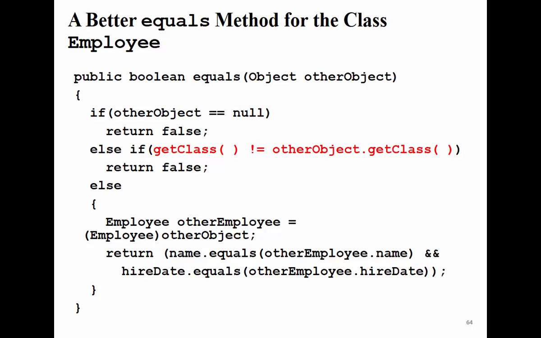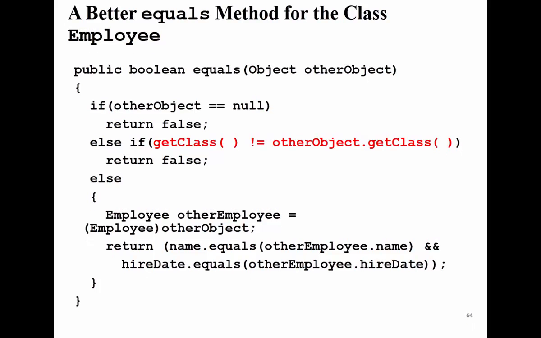I say if getClass is not equal to other.getClass, I will return false. So for E, I use Employee. For H, I use HourlyEmployee. So I will return false because these are two different classes. And based on my criteria, both employees are equal if they have the same name and the same hire date.